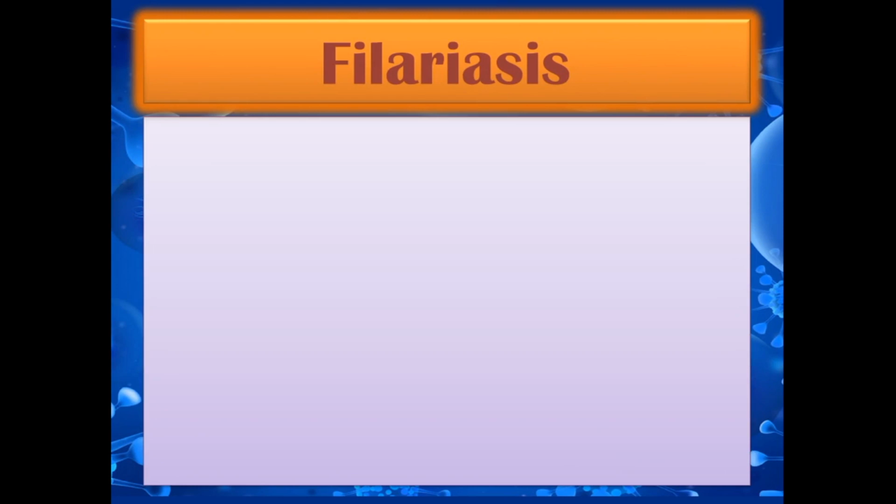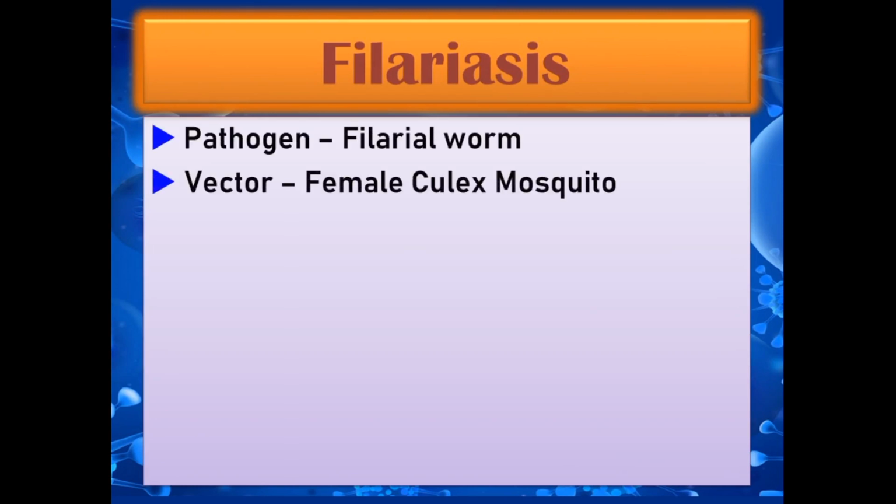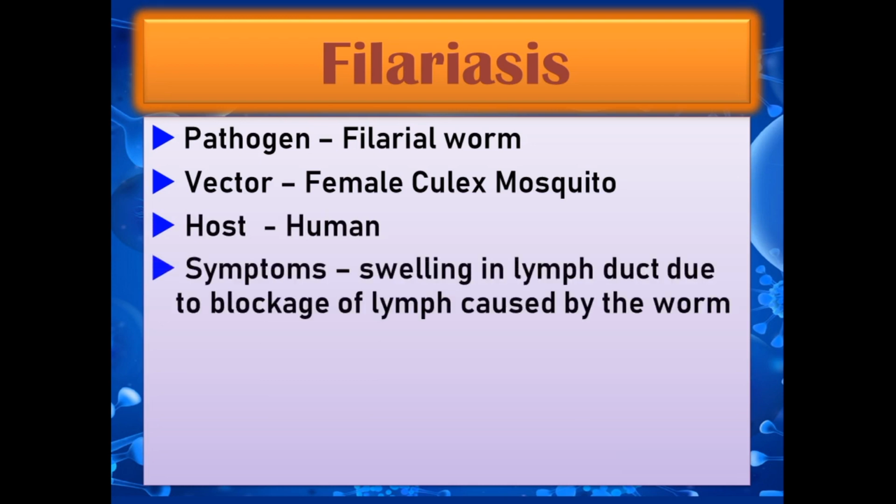Next one is Phyluriasis. It is caused by the pathogen called Phylurial worm. The vector is female Culex mosquito, another variety of mosquito which widely spreads this worm from one infected person to another person. So female Culex mosquito is the vector and the host is obviously human.